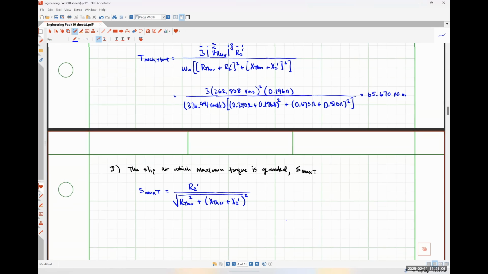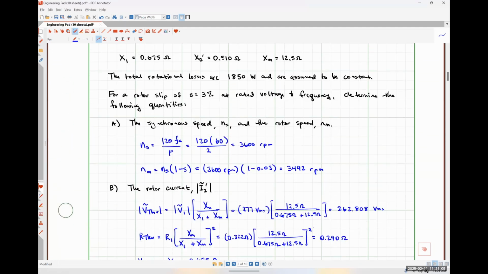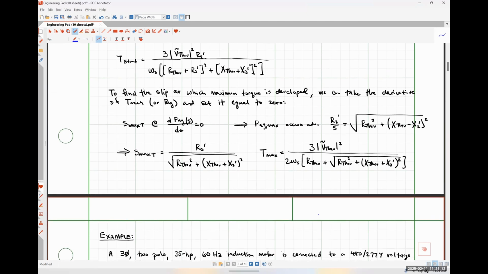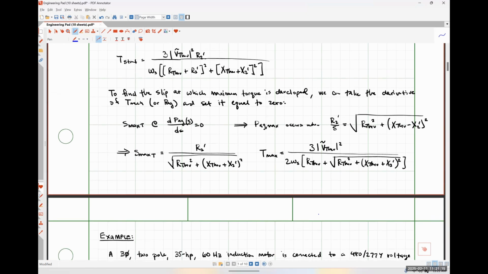I'm hesitating here. Let me scroll back up. I'm going to need to double check something. We're going to leave the equation as is, but I might come back to you and tell you something different. My concern, which I didn't notice until just a couple of moments ago, is that I have a minus sign right there and a plus sign right here.